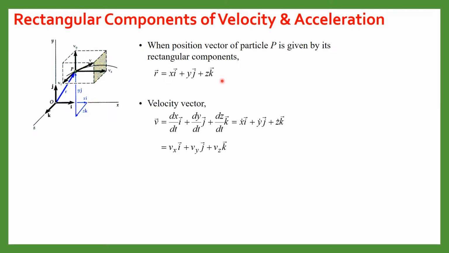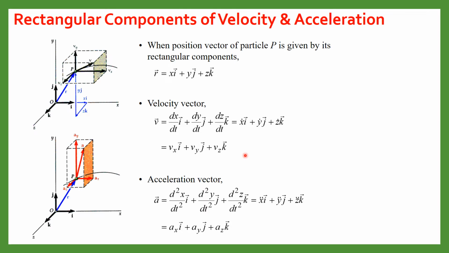Now if you want to find the velocity, you simply differentiate this equation. Then velocity v is equal to dx by dt i plus dy by dt j plus dz by dt k. You can also write it in this form, x dot i plus y dot j plus z dot k, or vxi plus vyj plus vzk.